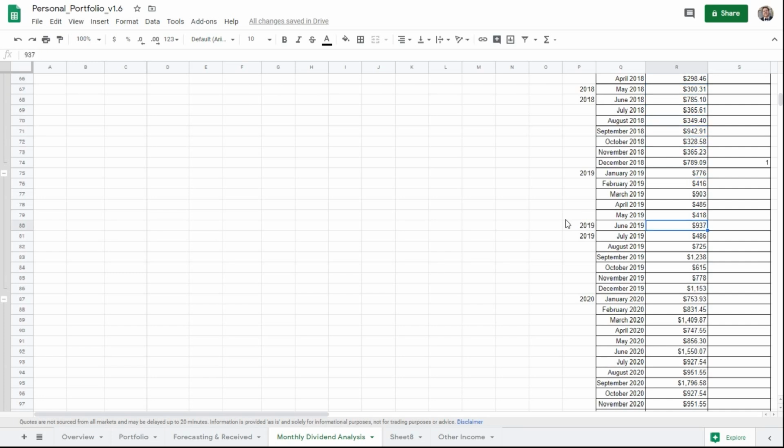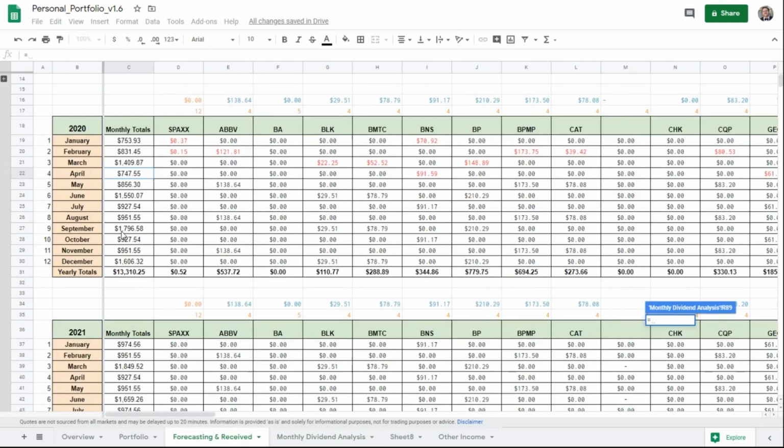You can click in here if you're tracking, and you can go back and say, okay, March 2020, let's go back to this forecasting and received. You could say March 2020, click, enter, and boom, you'll expect to get your 1400 relatively quickly.